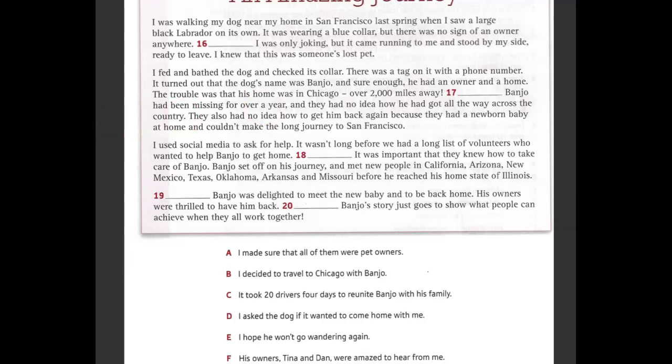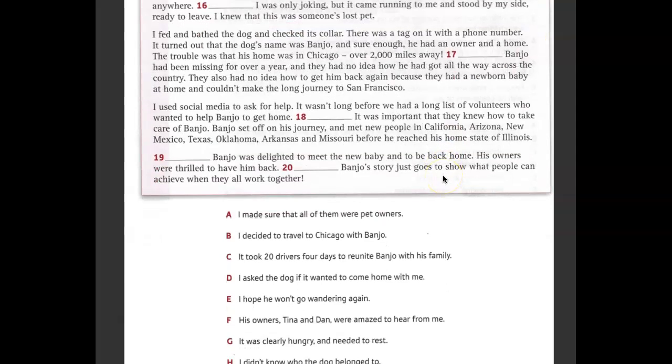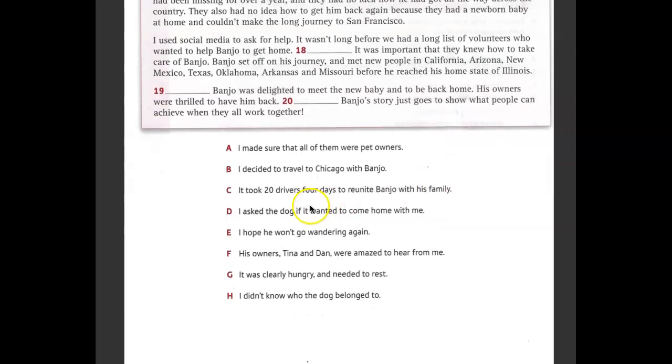So for me, this part that says I was only joking gave me an idea that I have to look for something particular in the options. I made sure, I decided, it took, I asked the dog. So it says I asked the dog, which is something that is not very common, if it wanted to come home with me.